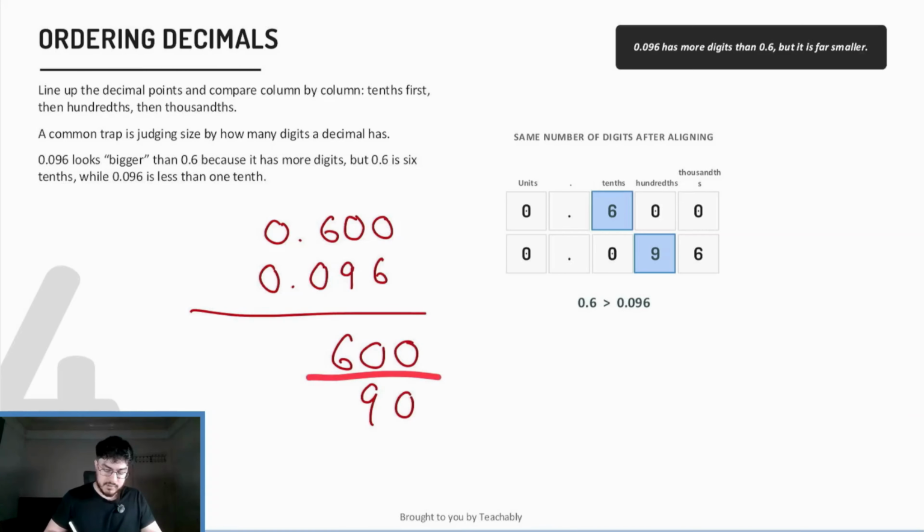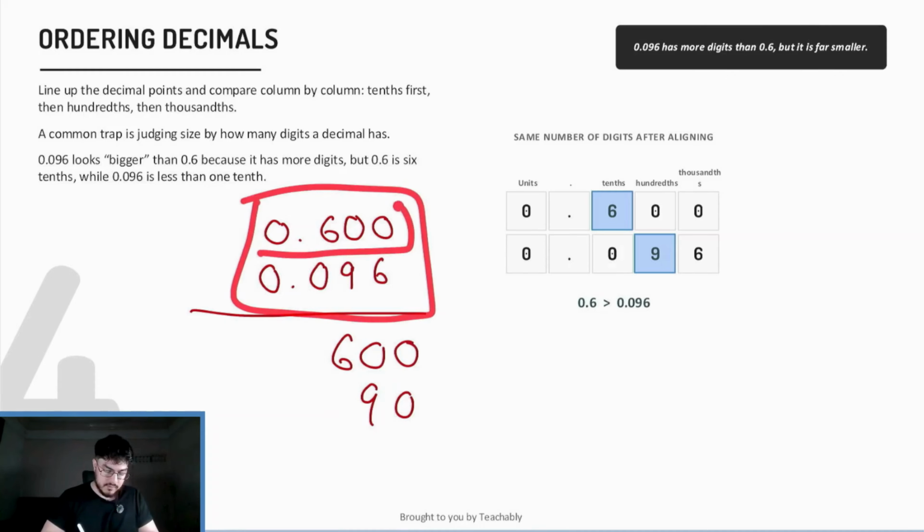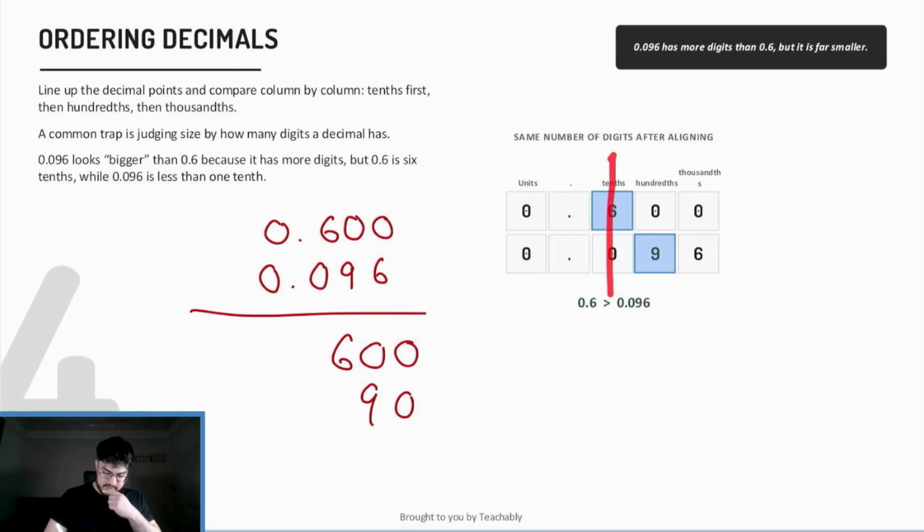Obviously, the 600 is going to be bigger than the 90, even though the 90 has a bigger digit than the 6. But remember, the value is dictated by the position. So we can immediately see that this is going to be larger than this. This is a perfect representation because this is the tenths, this is the hundredths. This literally has a 0 in the tenths, so it doesn't have any value there. Okay, so we can write it out like that. Let's move on.